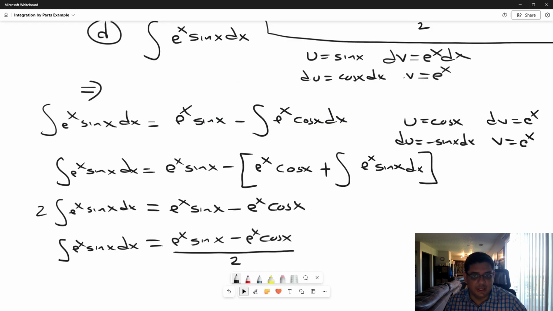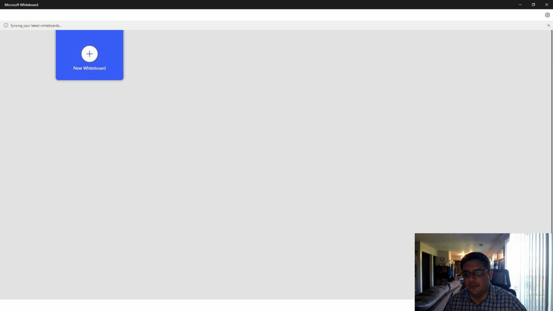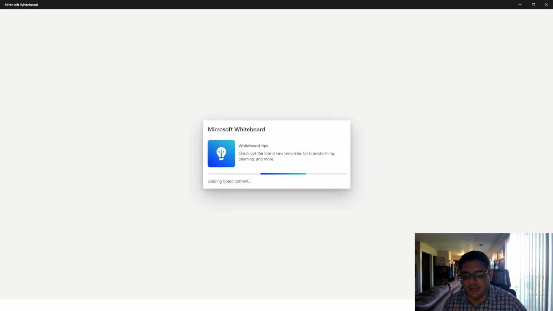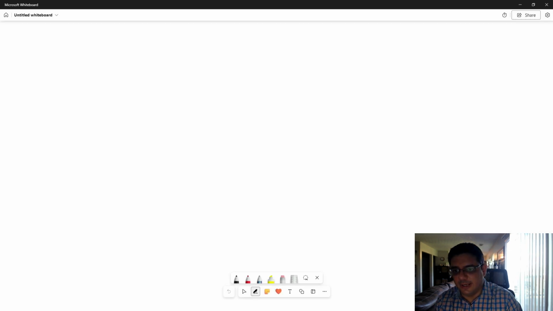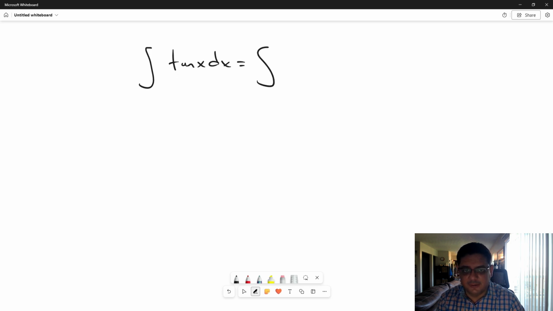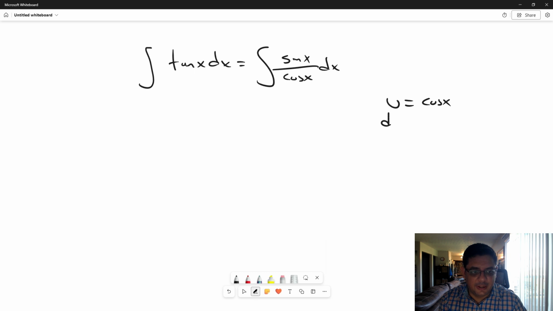By the way, if you have doubts about the integral of tangent, there are a couple of ways that you can get to it. Remember, tangent of x dx is sine of x over cosine of x dx. So you can do u equals cosine of x, and the du is minus sine of x dx. Because we have that, minus du really is sine of x dx.